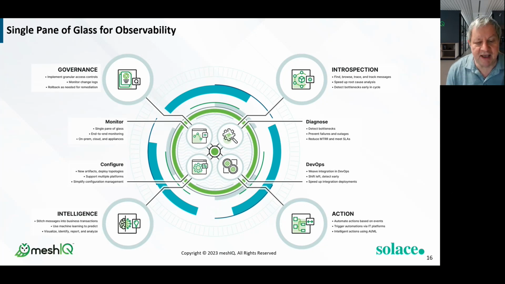And then, of course, the ability to take actions and actually do things either to resolve a problem or as a direct result of some situations that are occurring. And then those are subcategorized into things that you probably recognize, areas around DevOps, diagnostics, monitoring, configuration, observability. That represents the full meshIQ solution.